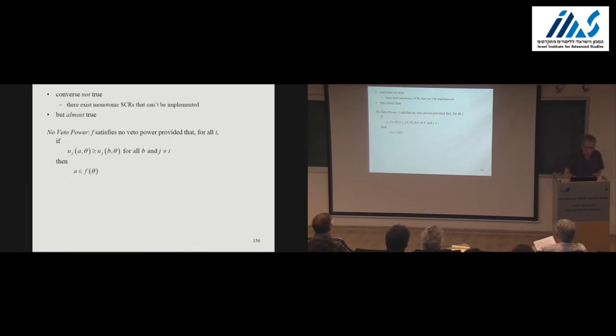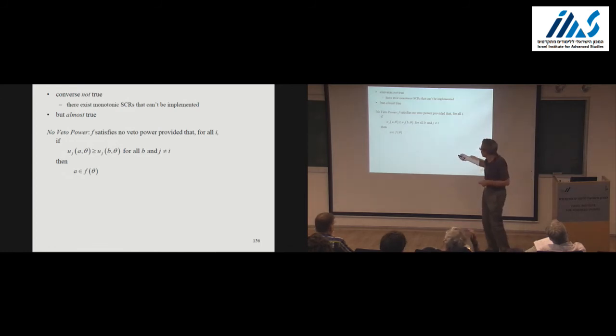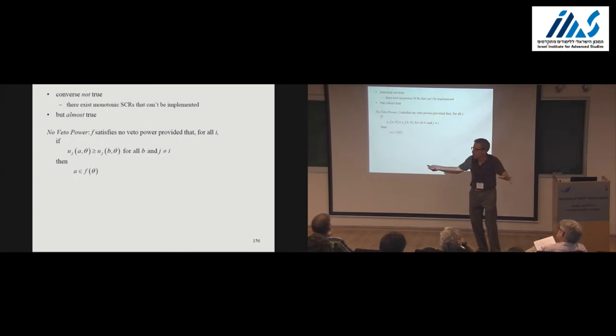That's no veto power. And the reason that I say that it's very weak, at least in many settings, is imagine that there are 3 or more players, and imagine that an outcome, whatever else it involves, allocates some private good across players.